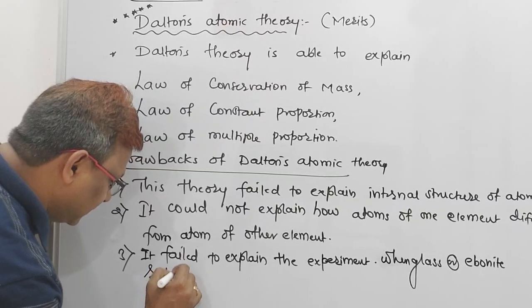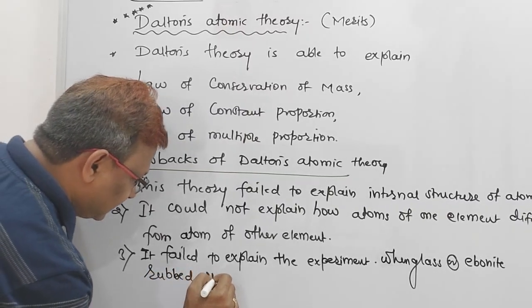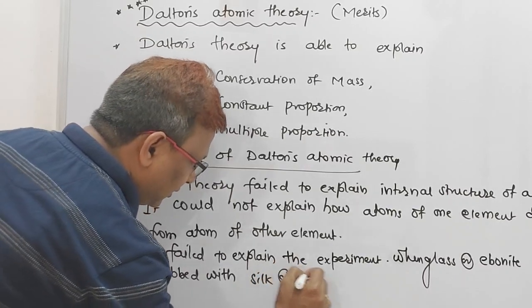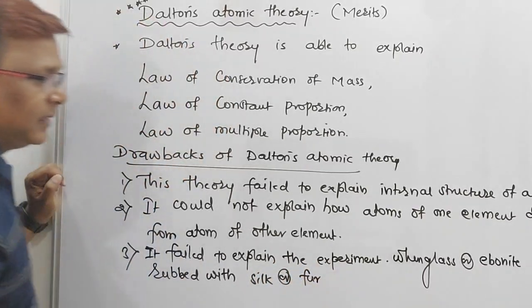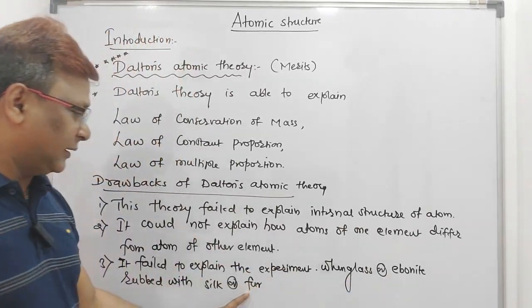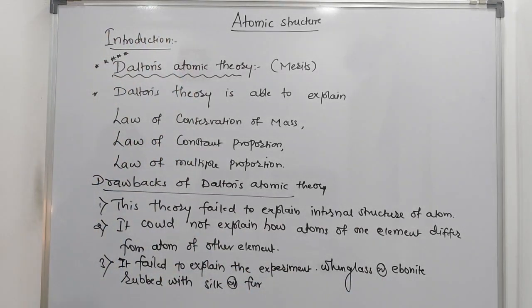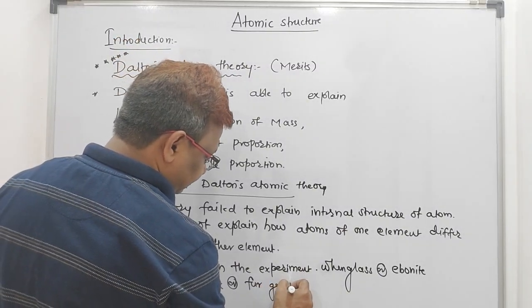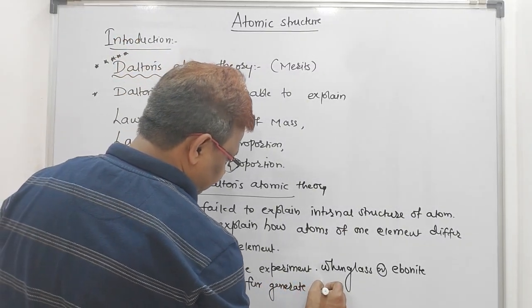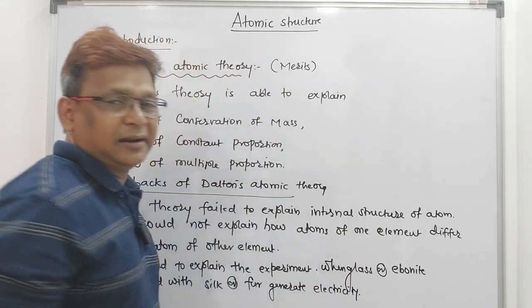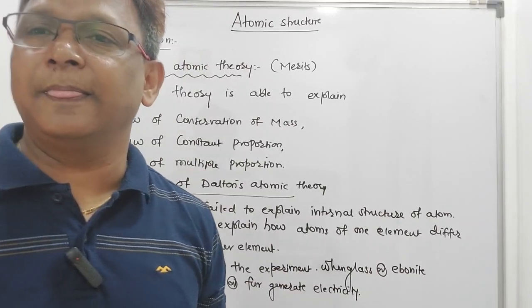When glass is rubbed with silk, or ebonite is rubbed with fur, it generates electricity.